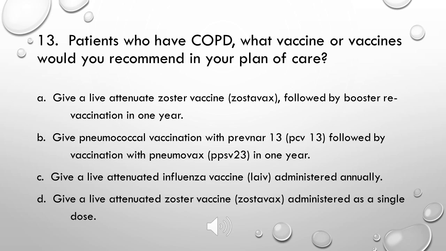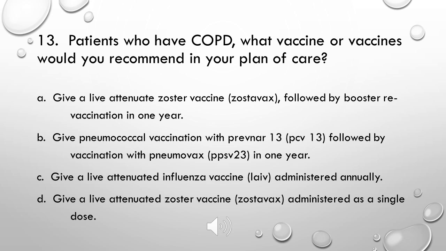Patients with COPD are at increased risk of contracting several vaccine-preventable illnesses. Patients who are older than 65 and have not received pneumococcal vaccine should receive vaccination with Prevnar 13, that's PCV13, followed by vaccination with Pneumovax in 1 year.